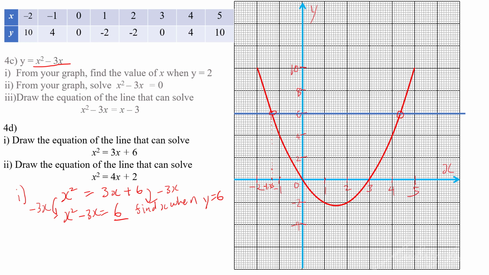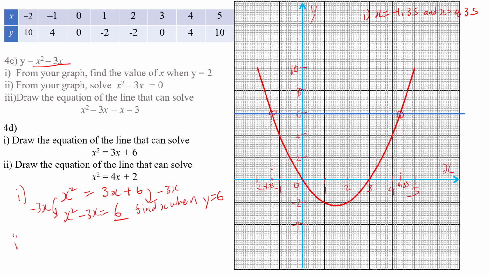Over here, 4.35. So the answer for part 1 is x is equals to negative 1.35 and x is equals to 4.35. Alright.